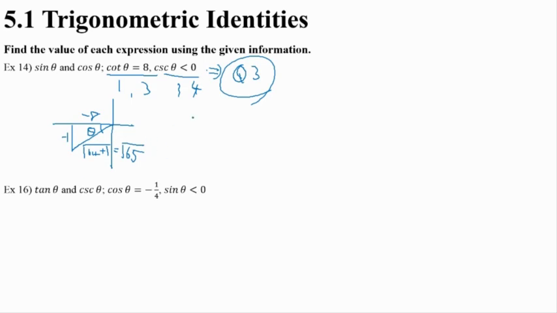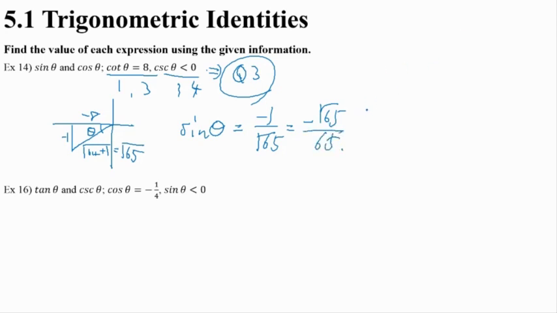Okay, we find the triangle. So first question, sine theta. Sine theta should be opposite, -1 over square root of 65, and rationalize: -square root of 65 over 65.